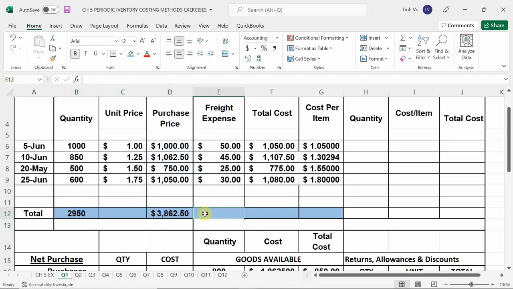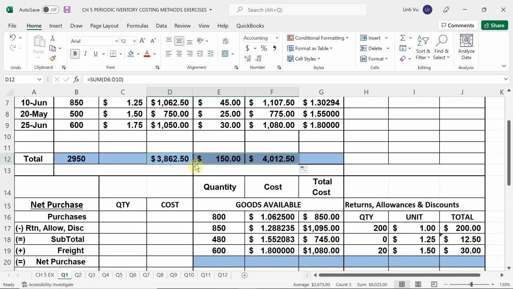Good. What's my total freight? 150. Okay, add those two numbers together. You should get $4,012.50.